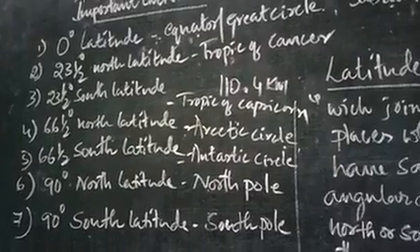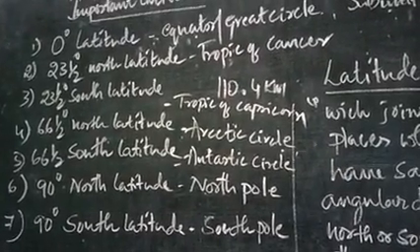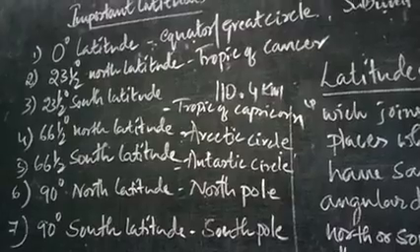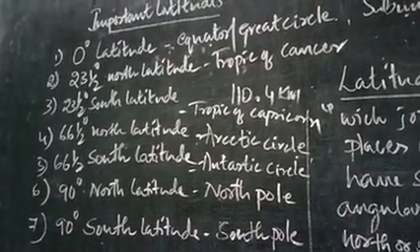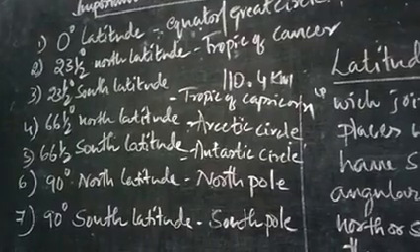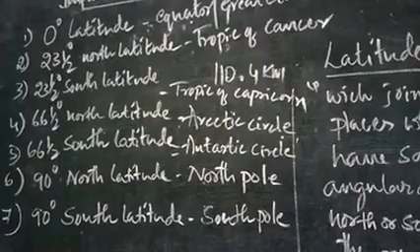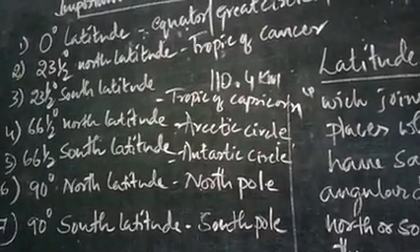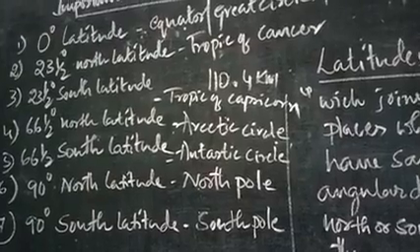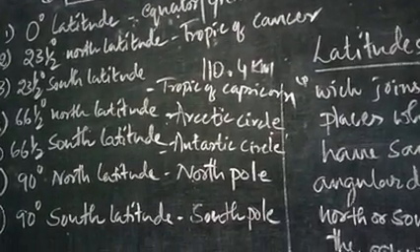Number 1 is 0 degree latitude, called the equator or great circle. The second is 23.5 north latitude, the Tropic of Cancer. The third is 23.5 south latitude, the Tropic of Capricorn.